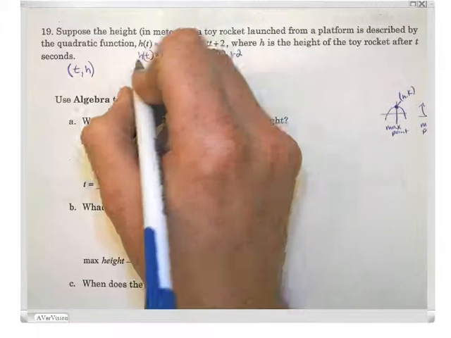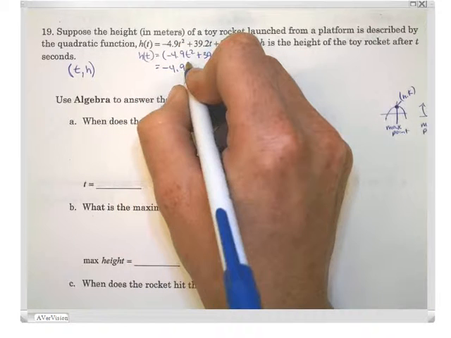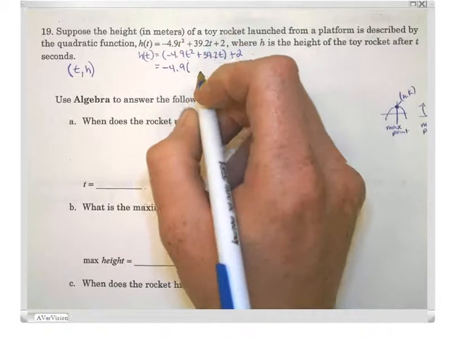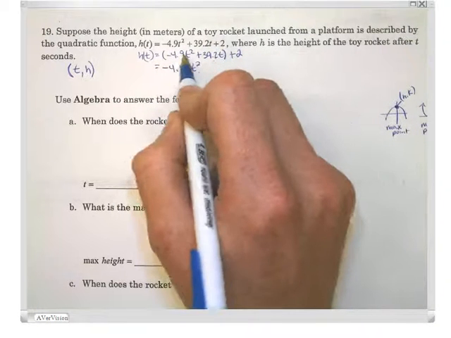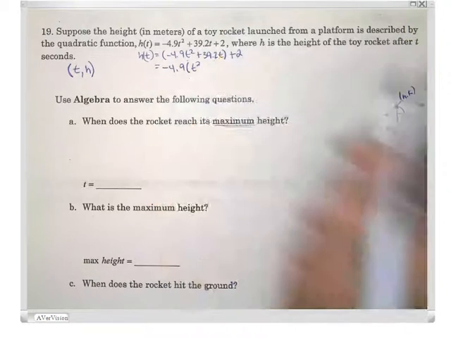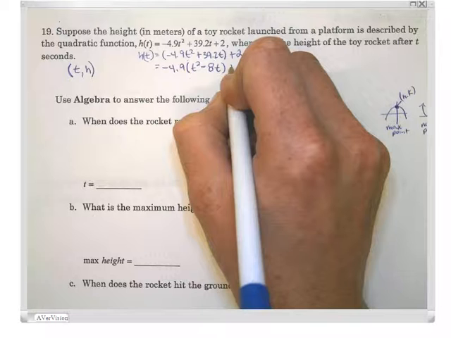Now we want to factor out the negative 4.9 out of both of these terms, not just the t squared term, but both terms. When you divide out a negative 4.9 from 39.2, you're going to get a negative 8t plus 2.